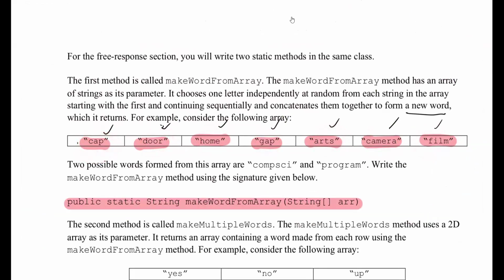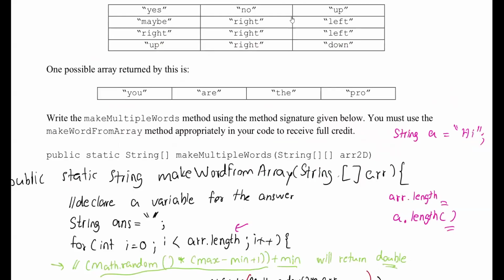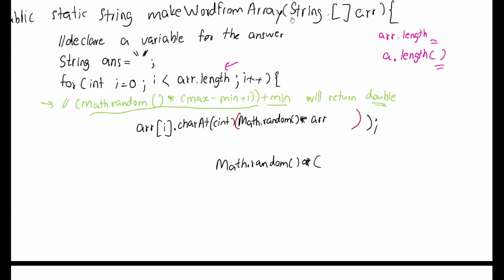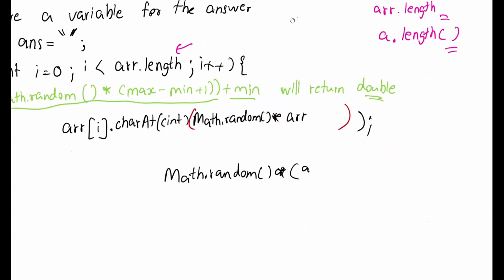So we cannot use array.length because it will give you the length of the array. What length do we want to get? Yeah, it will be array[i].length. So the maximum is array[i].length minus 1.